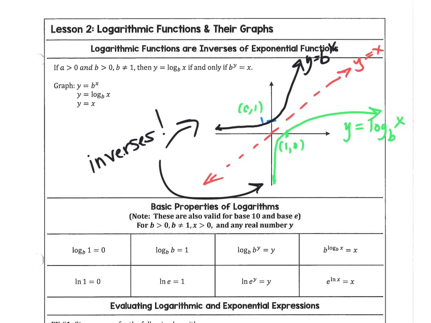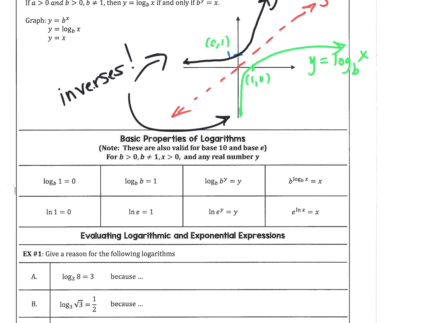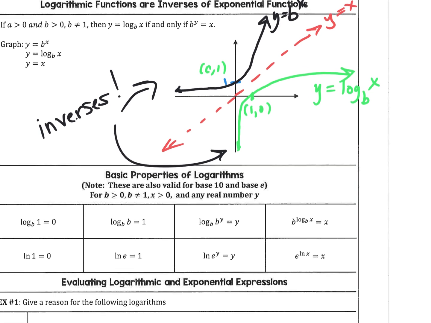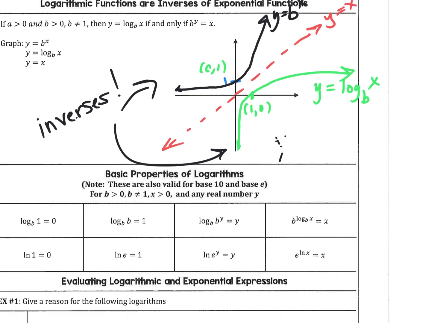Now, we need to remember how to go back and forth between those two things. It's an easy way to do it. Did you know that you can swap between an exponential and a log function? Let me show you how you do it. You have y equals b to the x. Normally, we don't solve a log function. Normally, we solve an exponential.